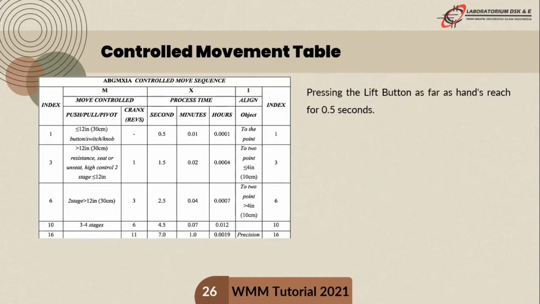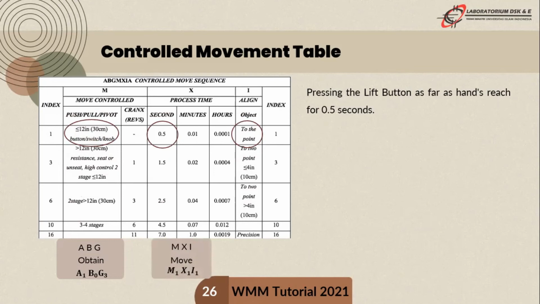Okay, let's start with the example: pressing a lever button as far as the hand can reach, for 0.5 seconds. Once again, we determine which index the activity falls into. Referring to the last table, A has 1 index, B has 0 index, and G has 1 index.